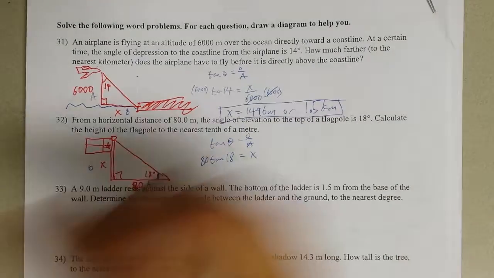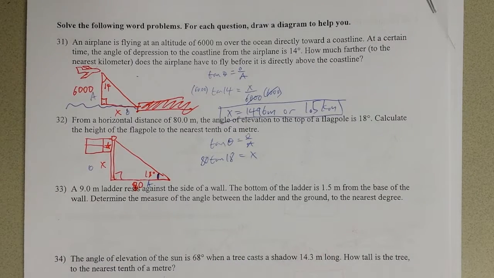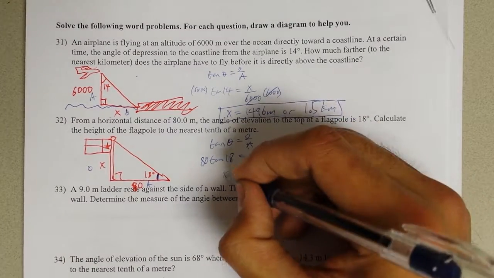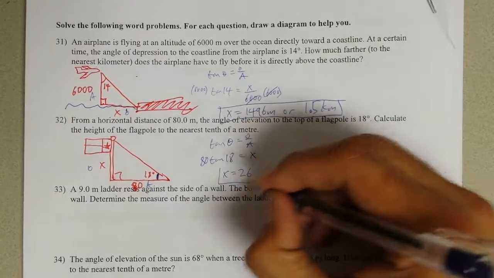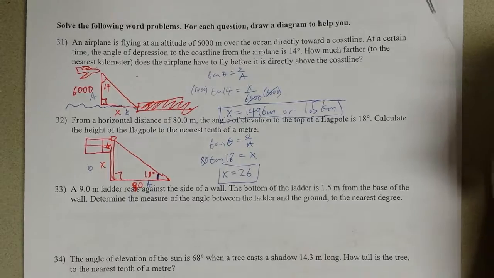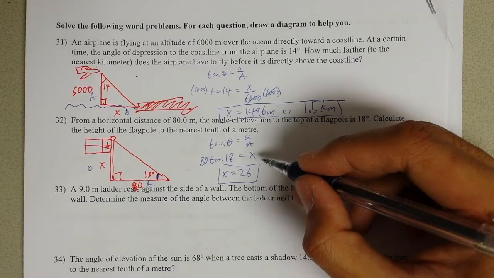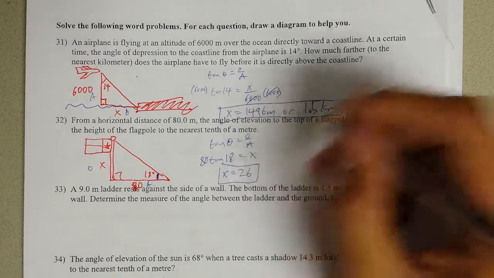So that's what you have. 80 tangent 18 equals 26. So x equals 26. The flag is 26 feet high. The steps are the same as that, so I skipped ahead. This is the shortcut way to do it, if you can think about it.